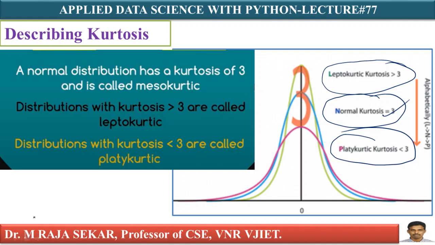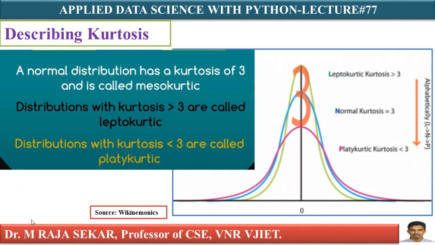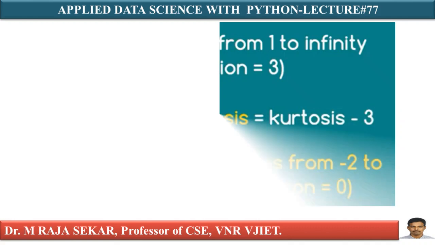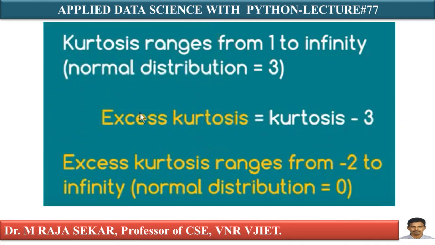Actually, there is something like tail risk in kurtosis. This class may not permit me to discuss tail risk, but let me briefly say a few words about it. Consider the 2008 financial crisis. The risk models that were applied to the 2008 financial data incorrectly assumed that markets were normal.